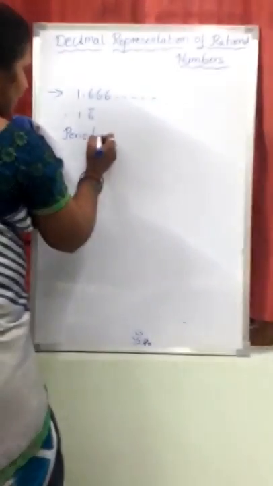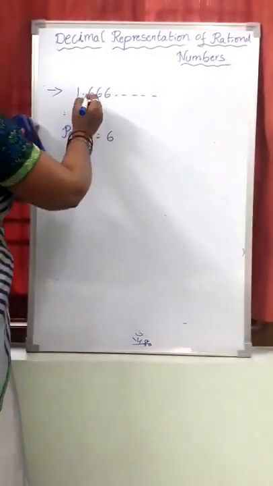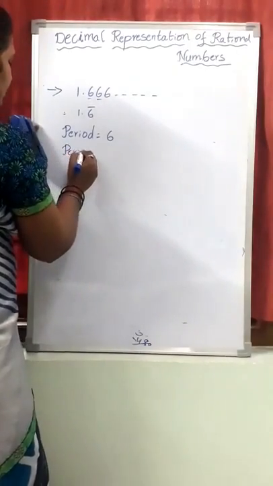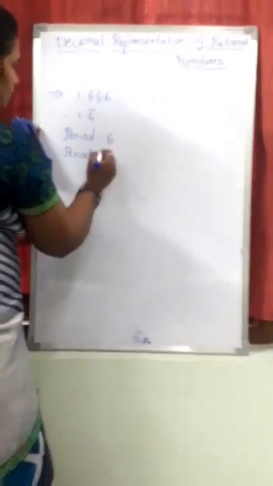The number formed by the digits that are repeating is called the period of that non-terminating recurring decimal. Now here only 6 is repeating, so we can say that the period is 6. And how many digits are repeating here? Only one number is repeating, only 6. So we can say that the periodicity of this recurring decimal is 1.